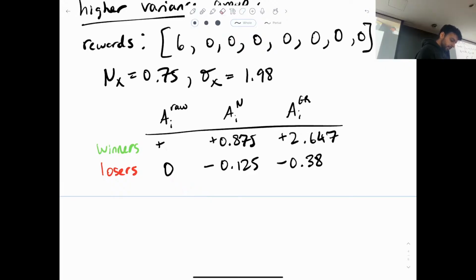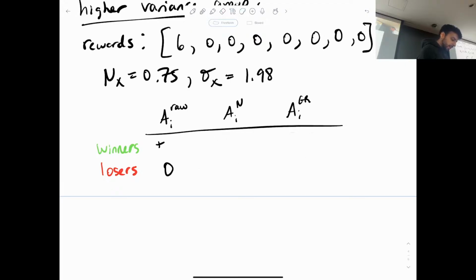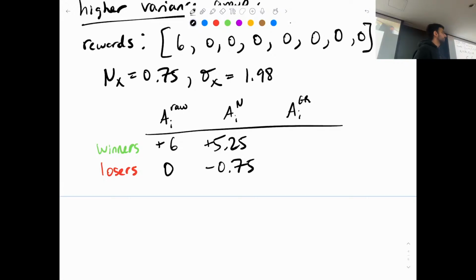Okay, so here our positive reward in the raw case is going to be +6 now, not +1. And when we do mean centering, it's going to be 5.25, and this is going to be minus 0.75.